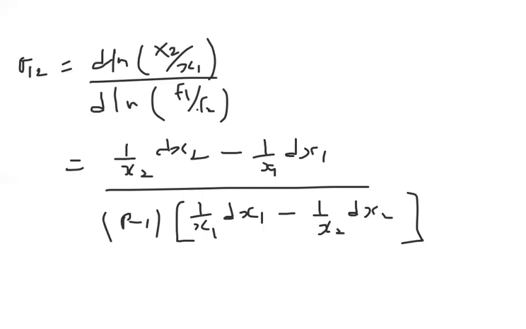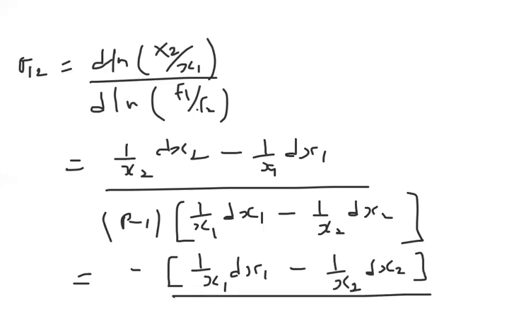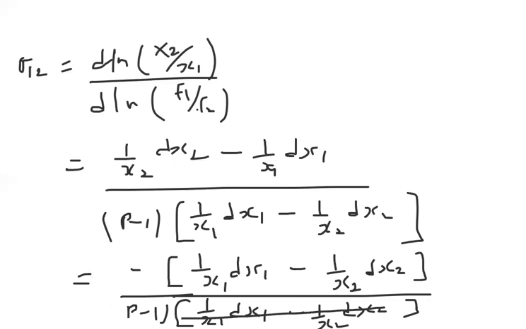When you look at this, it is the same as minus [(1/x1) dx1 minus (1/x2) dx2] over (5-1)[(1/x1) dx1 minus (1/x2) dx2]. This expression cancels the other, so my elasticity of substitution σ12 equals minus 1 over (5-1), which is the same as 1 over (1-5).